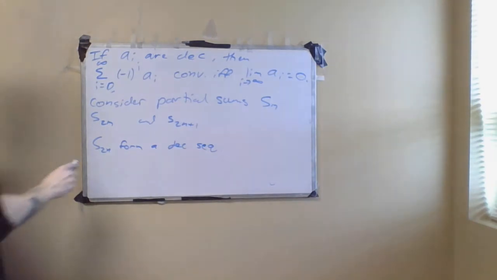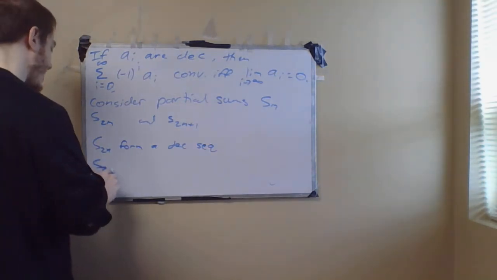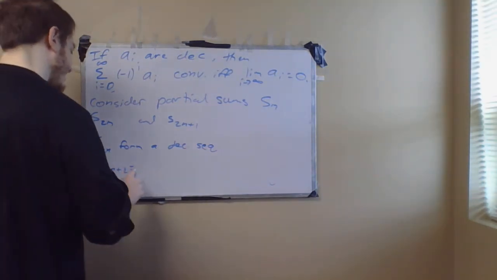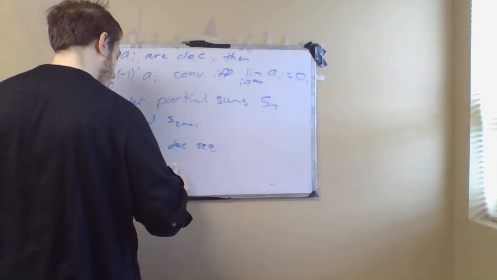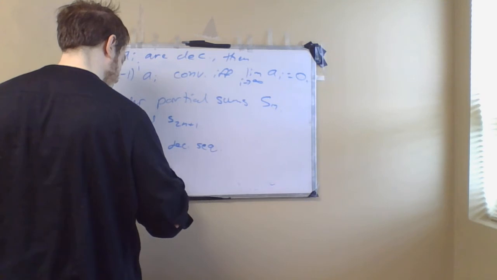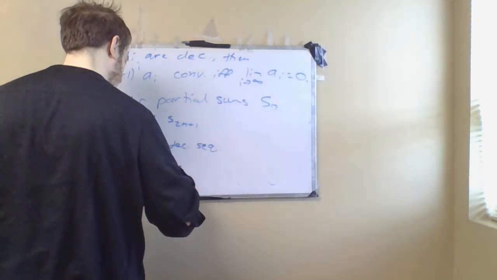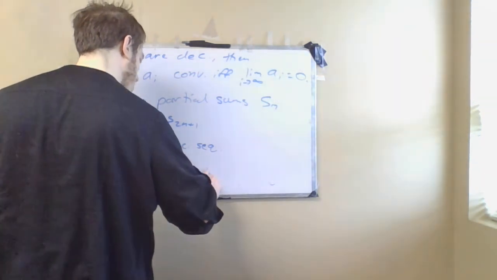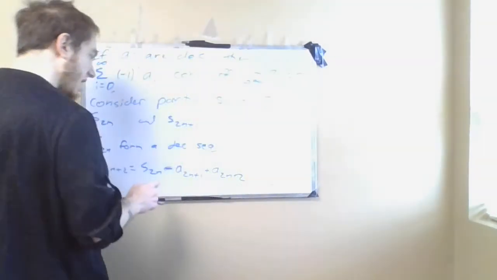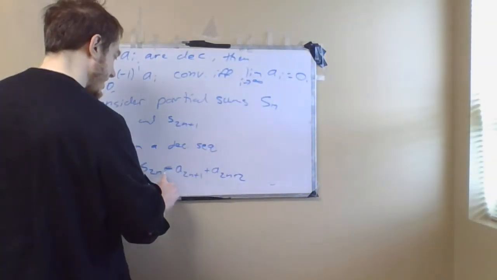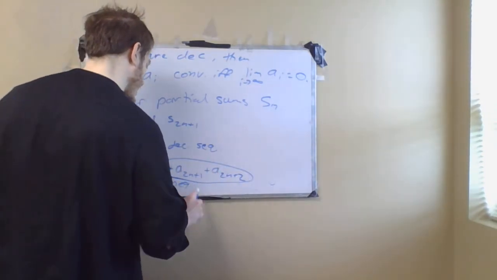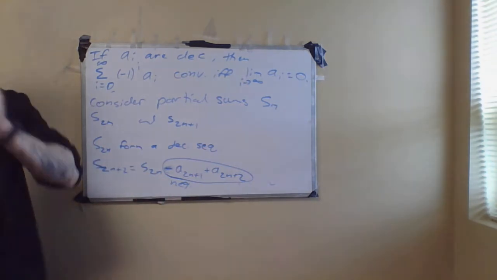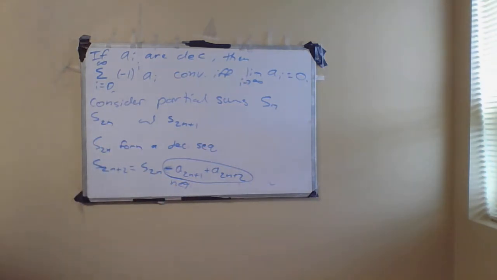The reason is that S of 2n plus 2 is equal to S of 2n minus a 2n plus 1 plus a 2n plus 2, and this is a negative number because this is a decreasing sequence.